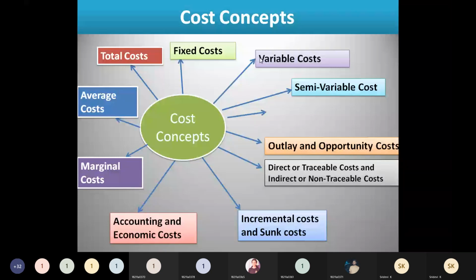Sometimes they may be asking you the differences also, short run and long run costs. Sometimes they may be asking you the difference between fixed cost and variable cost, marginal cost and average cost, like that. So you must be able to explain all those things.